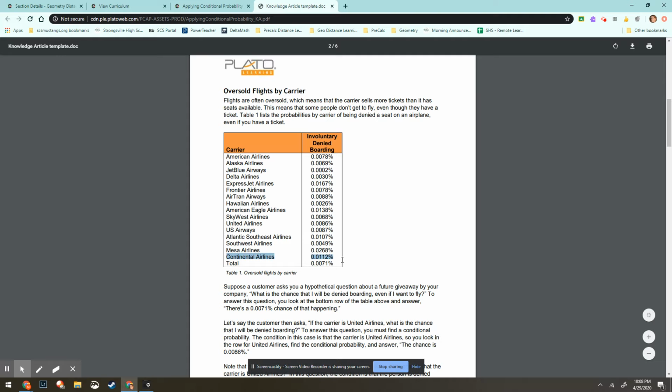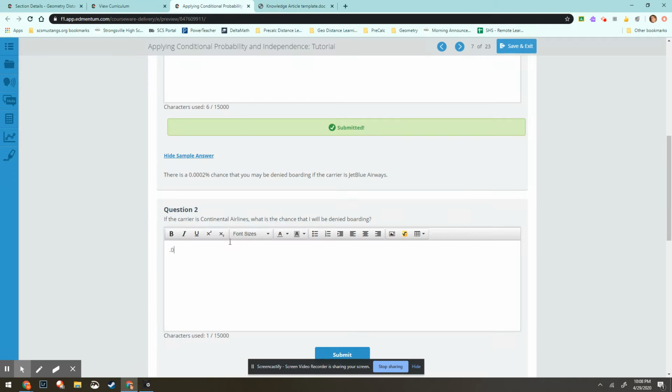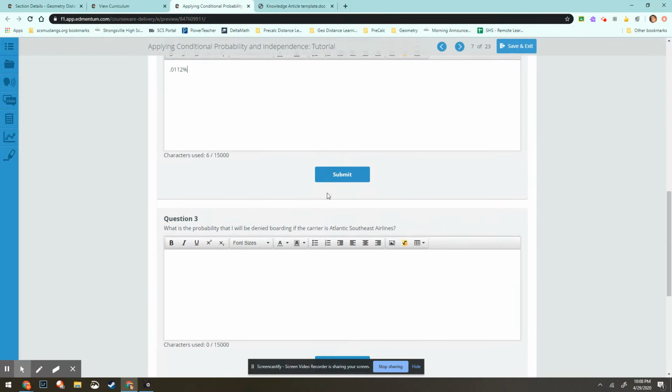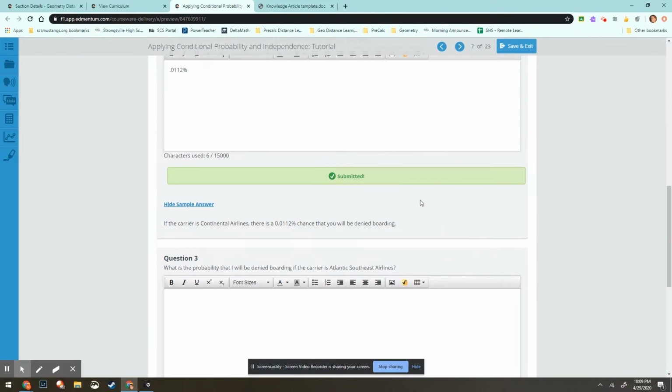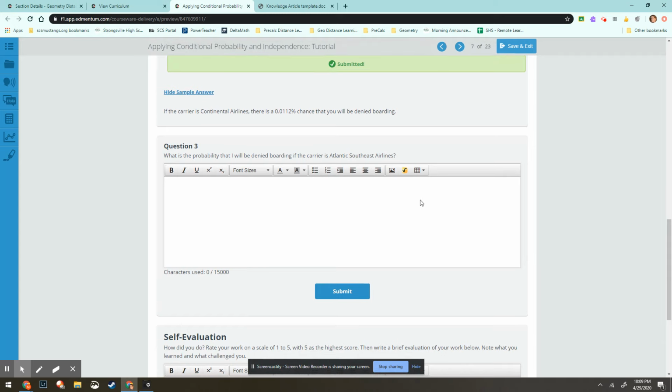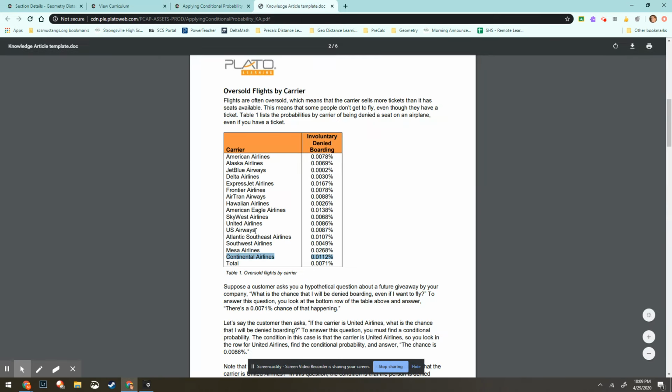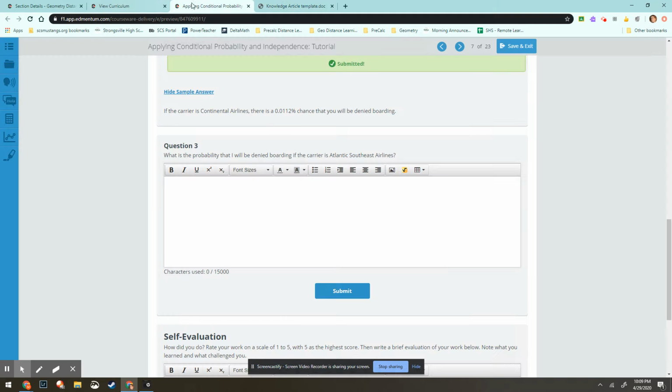All the way down at the bottom. Then that's your probability. It's higher than with JetBlue, so 0.0112. Okay. And then next, what's the probability if the carrier is Atlantic Southeast Airlines, which is 0.0107, or 0.0107%.